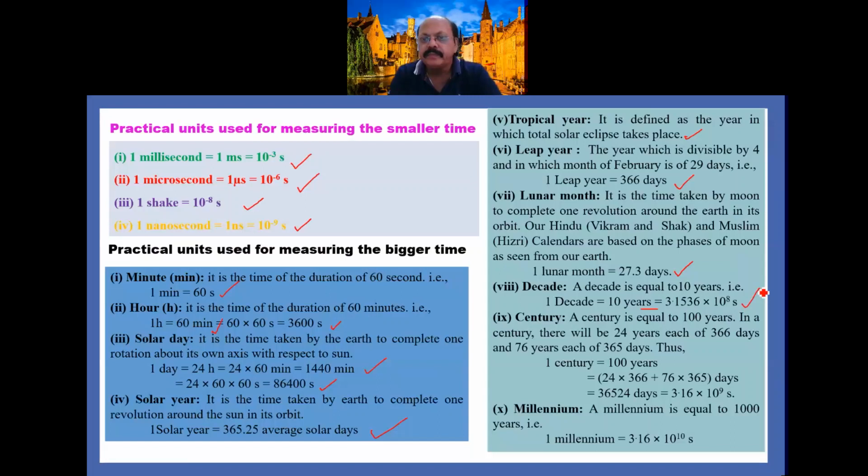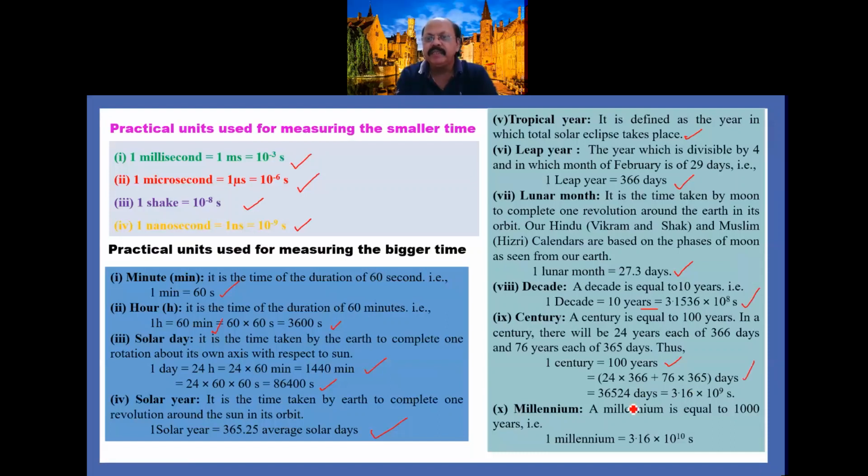A century is equal to 100 years. In a century, there will be 24 years, each of 366 days, and 76 years, each of 365 days. Thus, one century equals 100 years, and we calculate 24 into 366 plus 76 into 365 days.